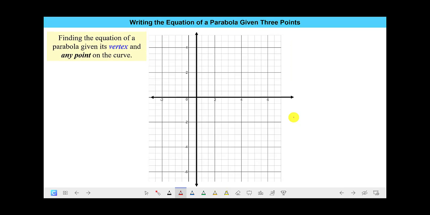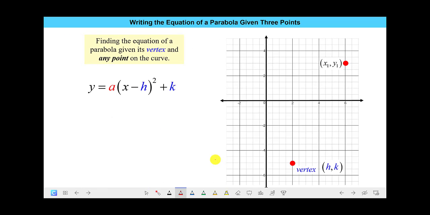Okay, so finding an equation of a parabola if you have a vertex and just one other point is really pretty easy. So imagine we have these 2 points, and one of these is a vertex. So let's say the vertex is down here. Well, we already have a couple of parameters that we've used in the vertex form. We have the h and k. So if I have the x and y of one other point, I have enough to do this.